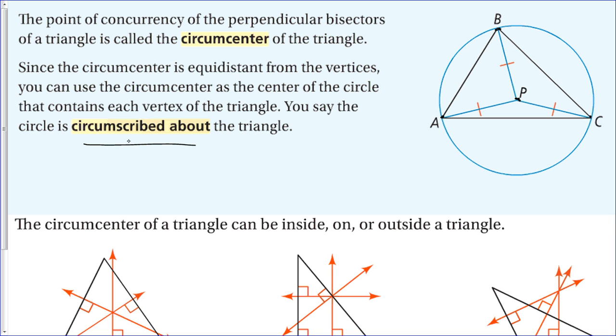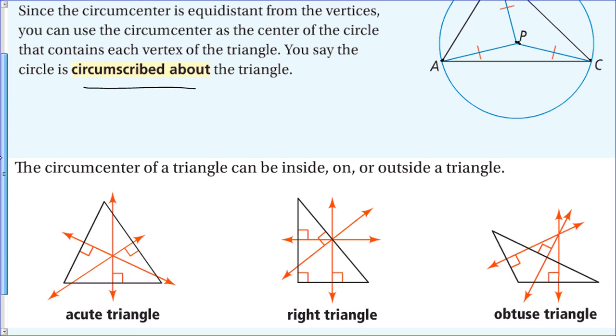You can write this down as your fifth vocab word. Your circumscribed circle contains the three vertices of the triangle. So the triangle is inside the circle, and the center of the circle and the circumcenter of the triangle are the same point.